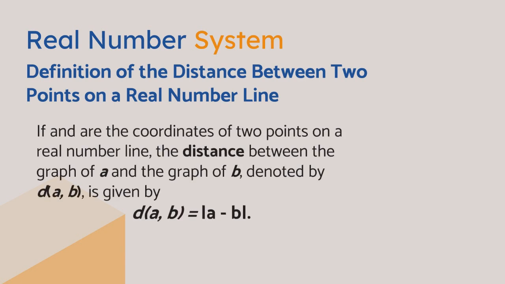We learned that the distance is denoted by d, open parenthesis, a and b, close parenthesis, and the value of that is the absolute value of a minus b. Also, we learned that even if we interchange a and b, since it's absolute value, the result would still be the same.